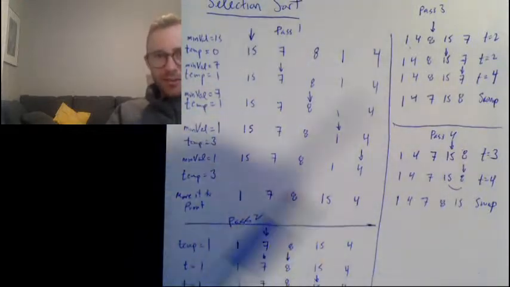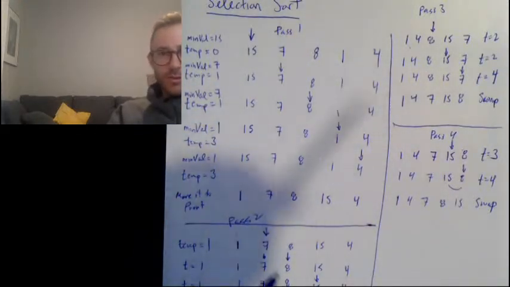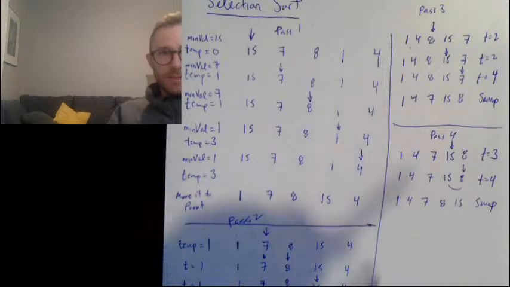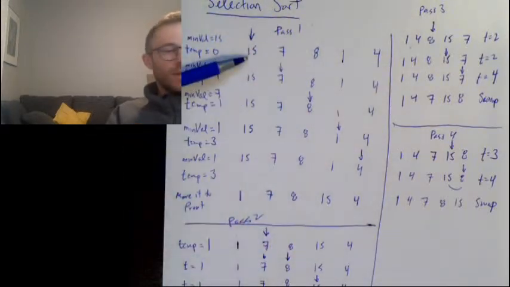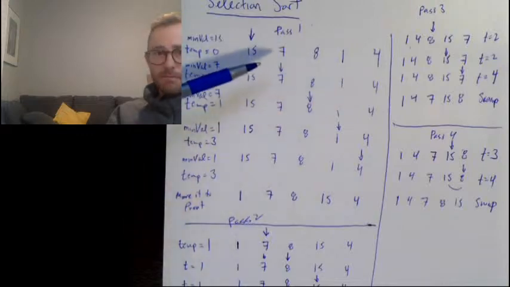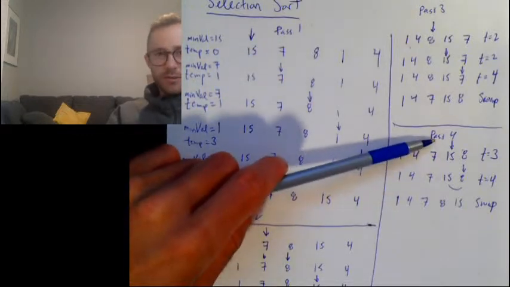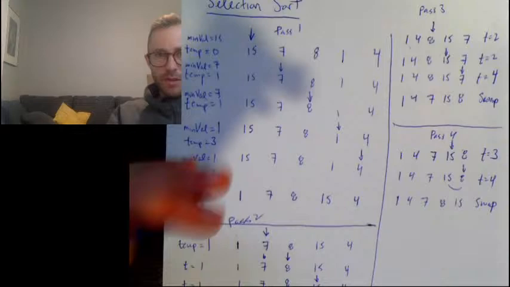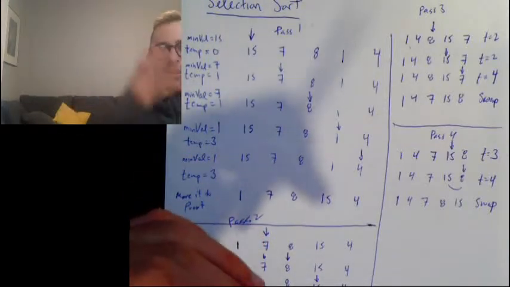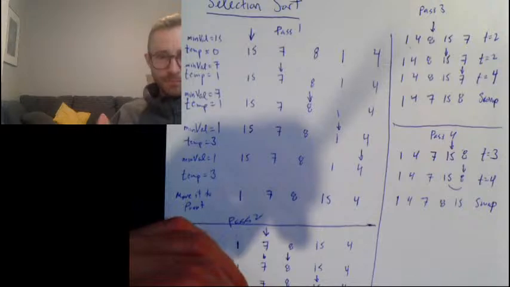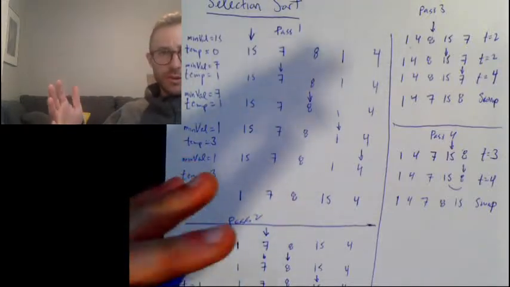Now, how many passes do you need? We can see that this was an array of length 5, and we had to do 4 passes. So in general, if you have an array of length n, you have to do n-1 passes through it in order to get it fully sorted.